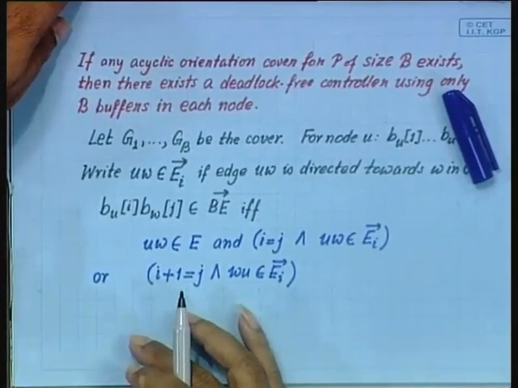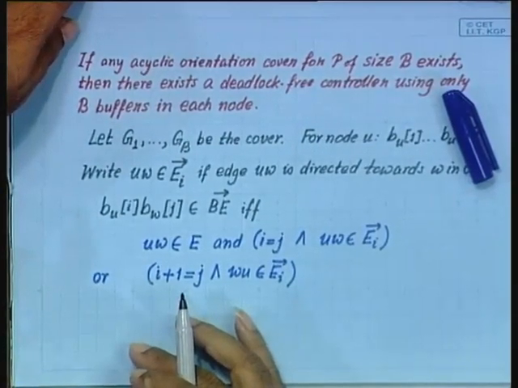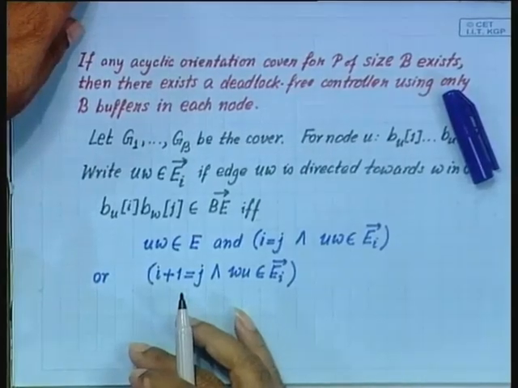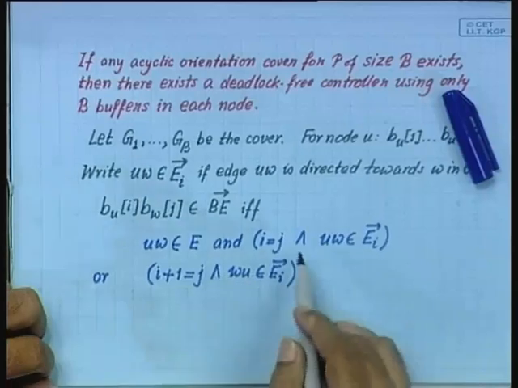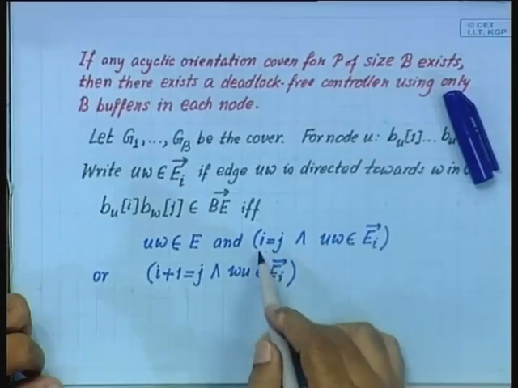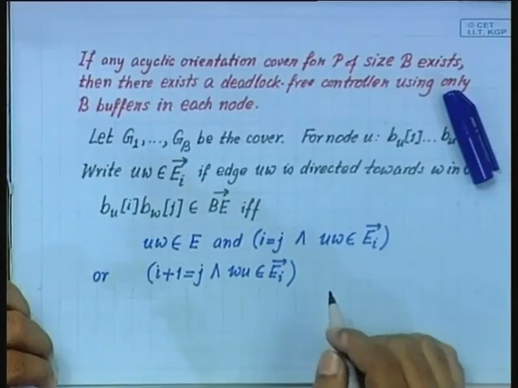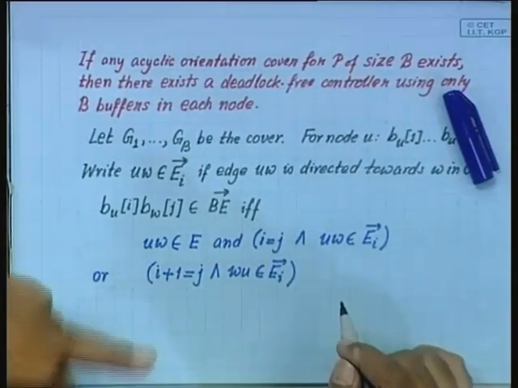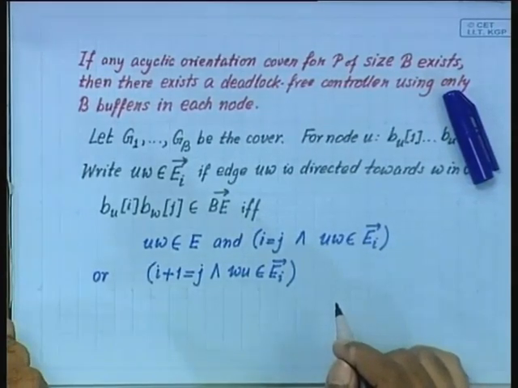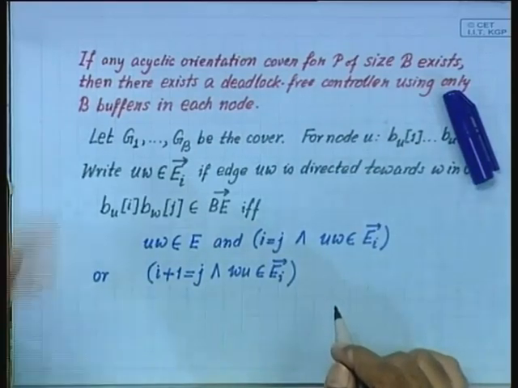How do we prove that this is acyclic? Right. So, we only have edges from a buffer at level i to either buffers in the same level or buffers in the next level, right. There is never any edge from a higher indexed buffer to a lower indexed buffer, right.